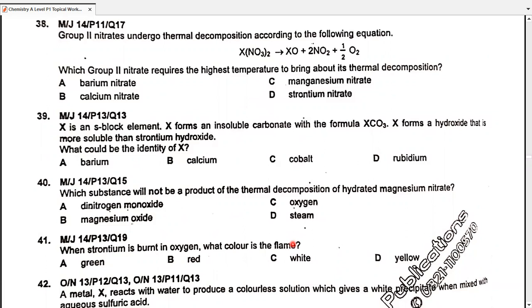A. Good. But why did you not pick D? They said hydrated magnesium nitrate. That's why.